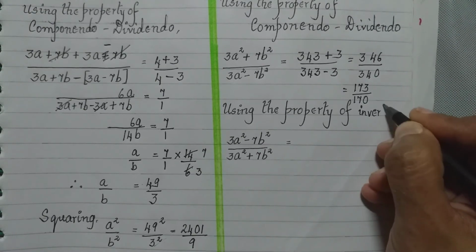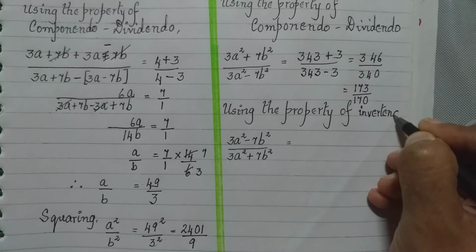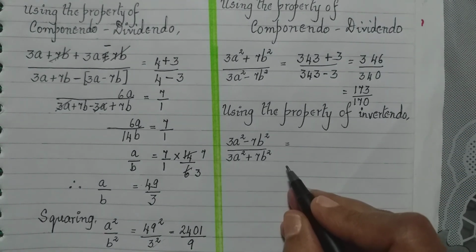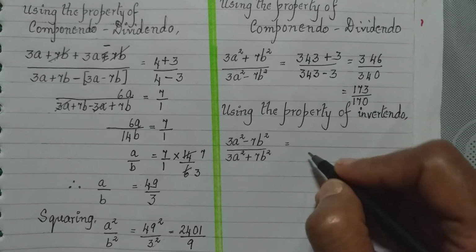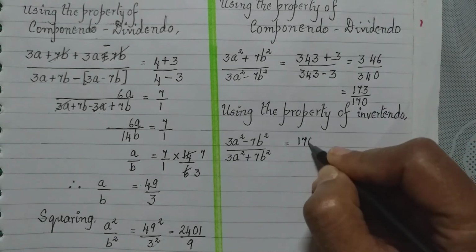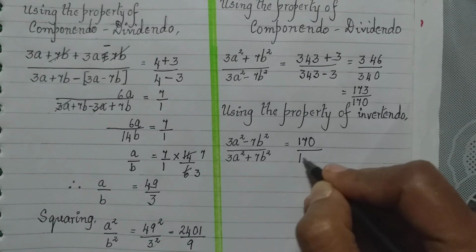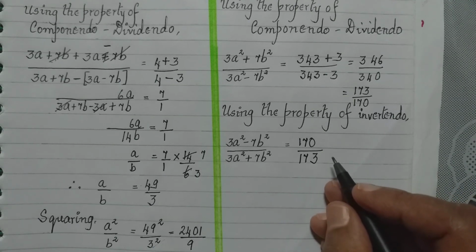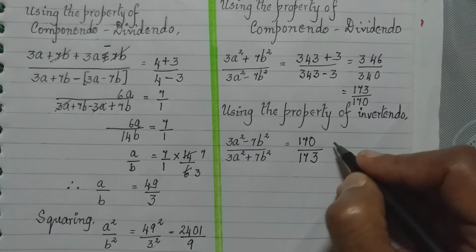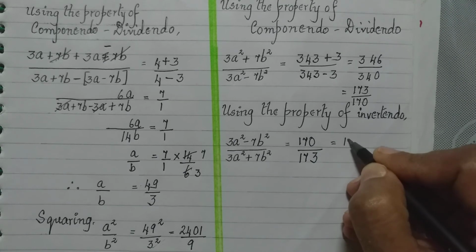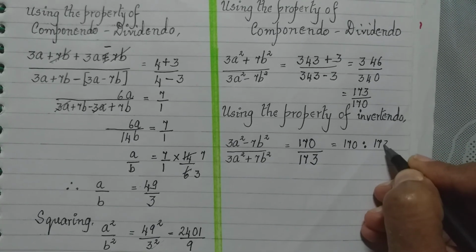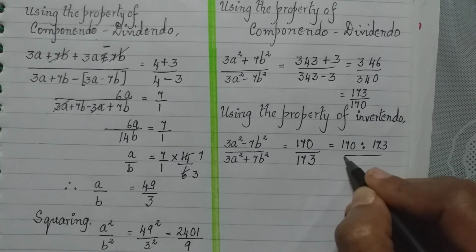So using the property of invertendo, (3a square minus 7b square) upon (3a square plus 7b square) will be the reciprocal, that is 170 upon 173. And if I were to write this as a ratio, then I have to write this as 170 is to 173.